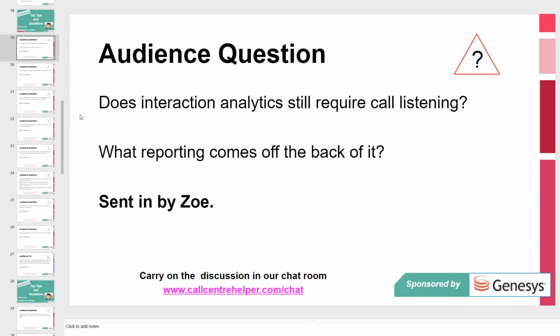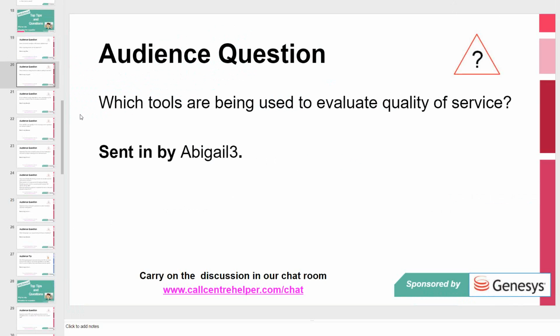Great. We've had one sent in by Abigail, who's asked which tools are being used to evaluate quality of service. I don't know if our panel has any answers to that. Well, in the traditional quality monitoring process, you'll often have traditional quality management tools, which generally consist of the ability to build forms and then to have evaluators listen to calls and score those calls according to those quality criteria.